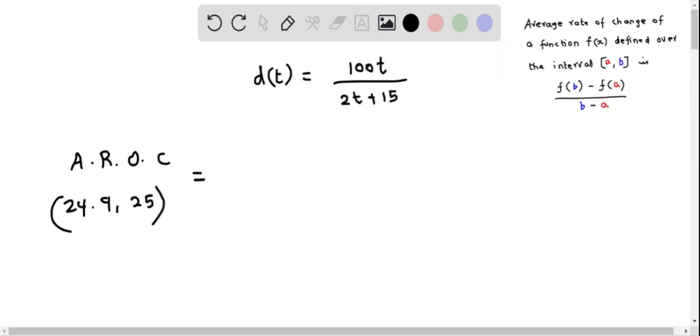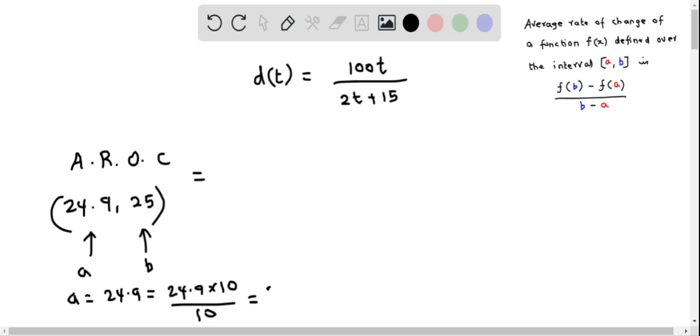We now find for the last interval, that is 24.9, 25. So I'm going to consider this as A and this one as B. Let me rewrite A, that is A equals 24.9. I'm going to rewrite without decimals, so I multiply and divide by 10 to remove the decimal, and this gives 249 over 10.